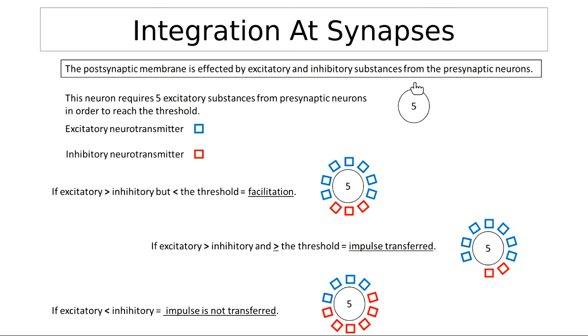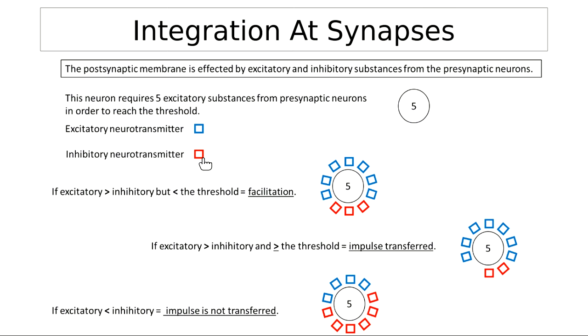So 5 of them have to be firing in order to reach the threshold. Excitatory neurotransmitters are the blue squares. Inhibitory neurotransmitters are the red squares.